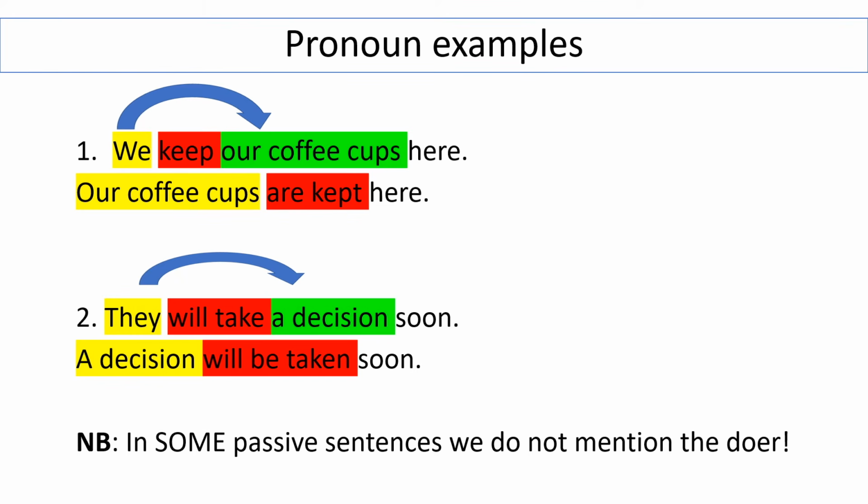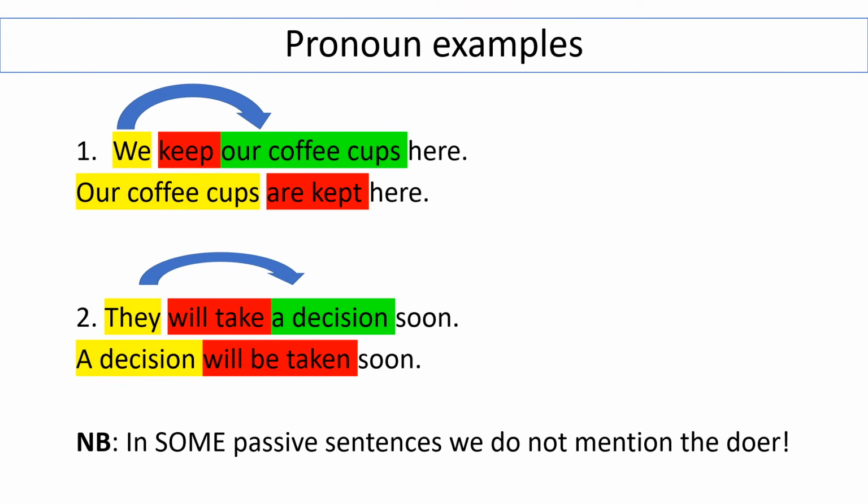Step 4. Change the tense using the tense table. The passive sentence will now read, our coffee cups are kept. Step 5. Do we need to add by to the sentence? Let's try it out. Our coffee cups are kept by here. No, that doesn't sound correct. You will have to use your own knowledge when using or adding by into the sentence.